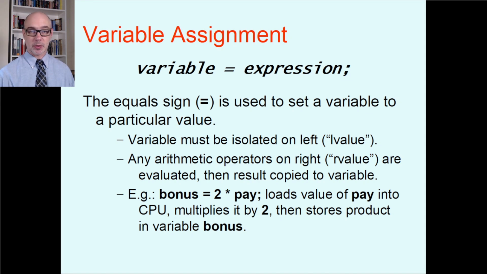That's called technically the R value, the thing on the right. Now, what happens when the program actually runs is the thing on the right is inspected first, and if there needs to be calculations involved, it does that, comes up with a number, and then secondly, stores that result in the variable that's on the left. So be careful about that ordering.